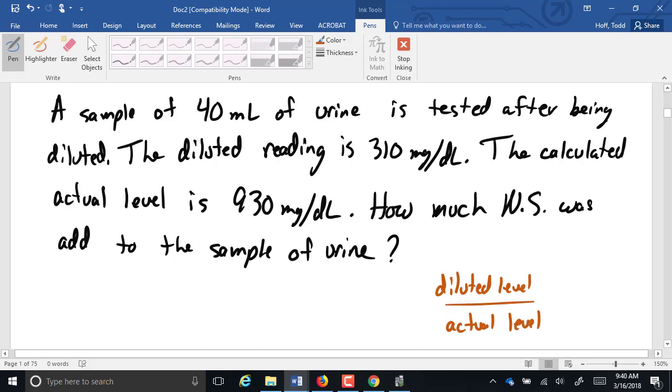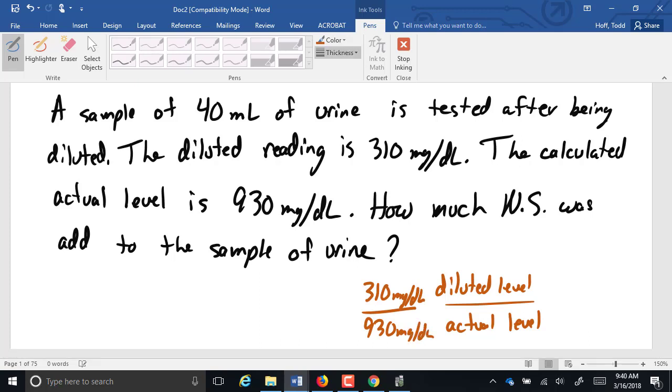So I warned you this one might be a little bit of a throwback. We have a diluted level and an actual level. And if you recall, the first example we did today involved diluted levels and actual levels. Our diluted level is 310 milligrams per deciliter, and our actual level is 930 milligrams per deciliter.